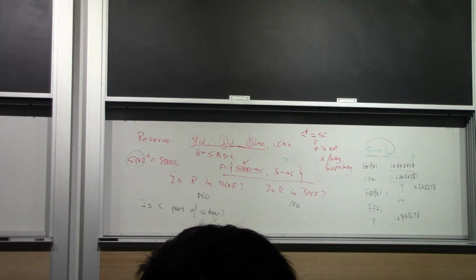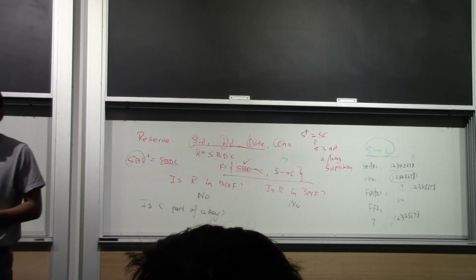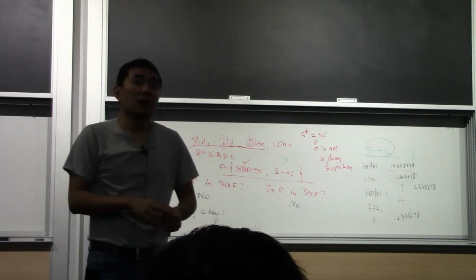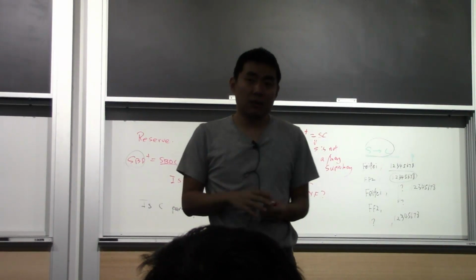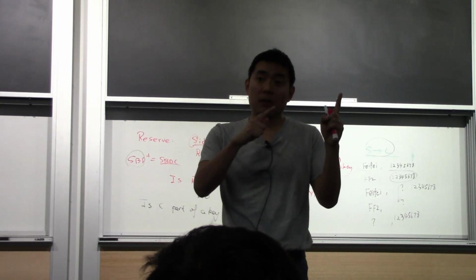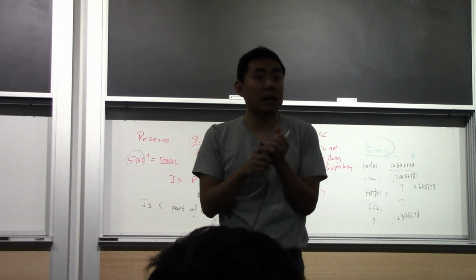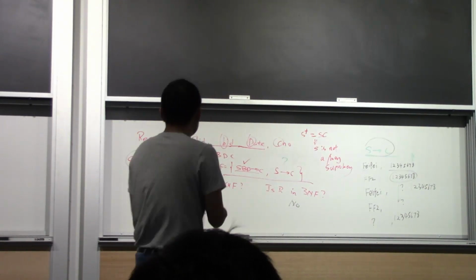Now let me ask you a follow-up question, which I don't believe I have in the slides: can I decompose this into a set of BCNF schemas using the decomposition algorithm we talked about earlier? Do you still remember the decomposition algorithm?